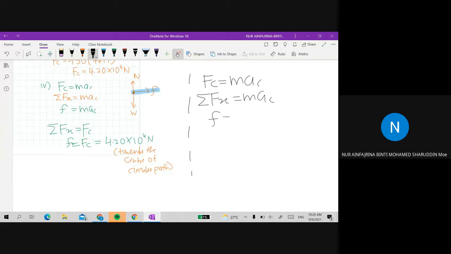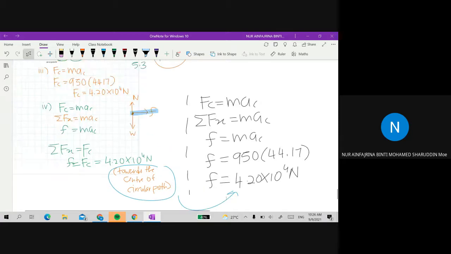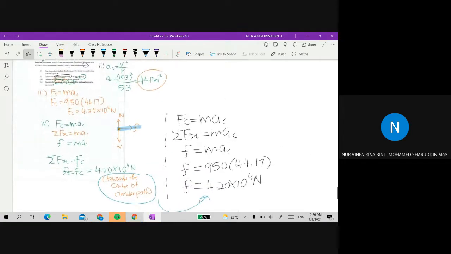So awak masukkan je lah mass 950, centripetal acceleration kita dah kira 44.17 meter per second squared. So awak akan dapatlah awak punya friction 4.2 times 10 to power of 4 Newton. And then awak tulis sahaja direction yang sama. So no problem, either way. Tak ada masalah. Okay, boleh guys?